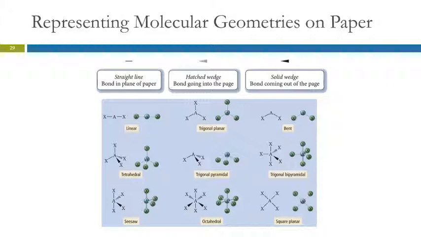It's a 3-dimensional thing that's different than trigonal planar, where a trigonal planar could be drawn with all just lines, because that can lie flat in the plane of the paper. This square planar one, all of those are in the plane of the paper.